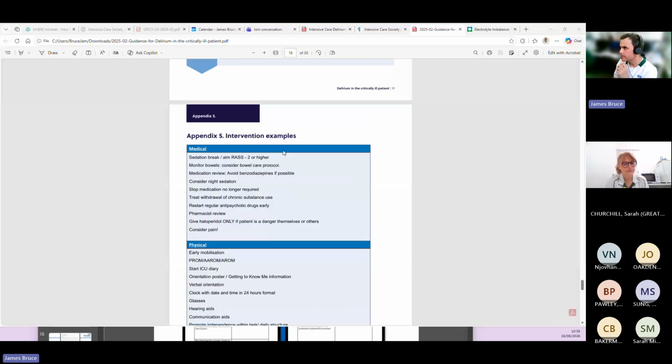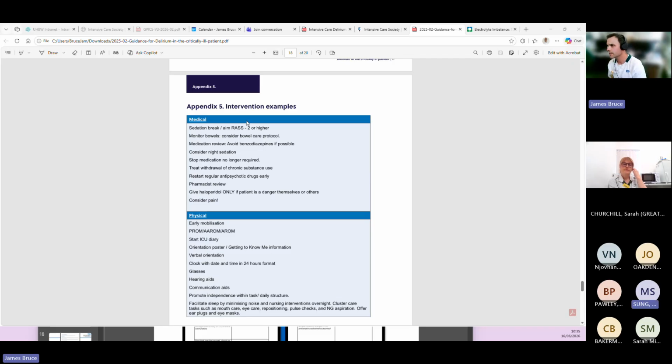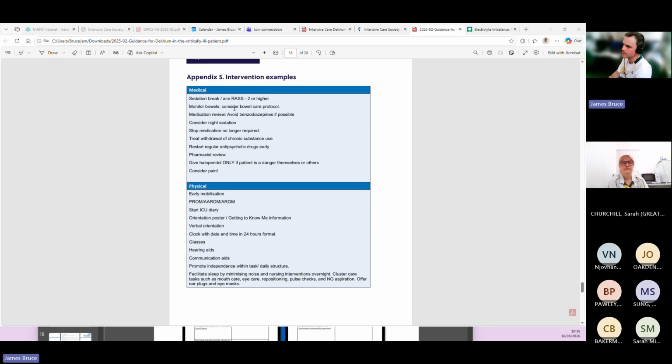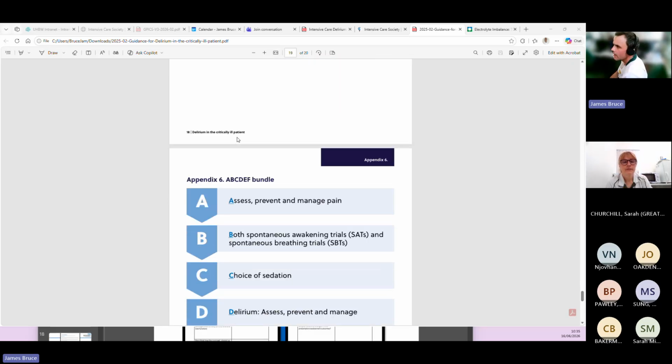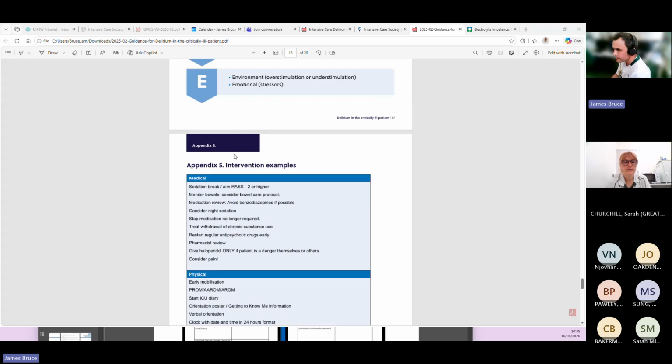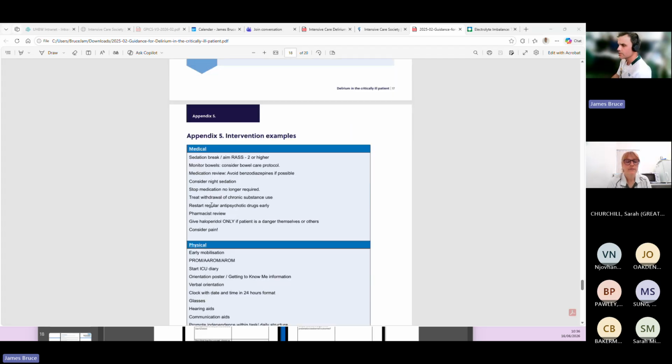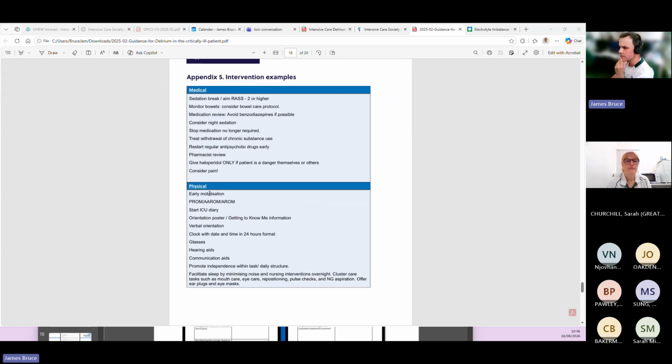Too many screens. So if we look at the appendix 5, we've put in there some intervention examples as well. We've broken it down into medical and physical sections. With the physical side of things, these are the things that we can start to promote as therapists.